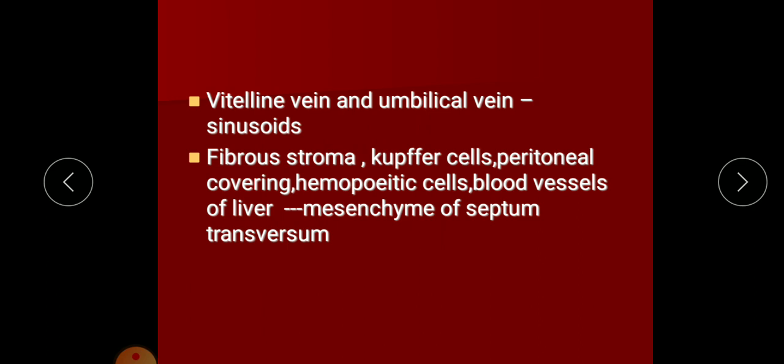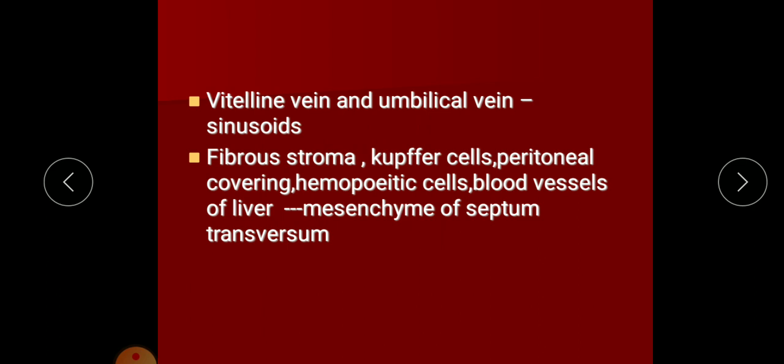As the pars hepatica passes and reaches the septum transversum, the vitelline vein and the umbilical vein break, which later forms the sinusoids of the liver. So now you know two derivatives. One is from the pars hepatica; the second is from the broken vitelline and umbilical veins present in the septum transversum.